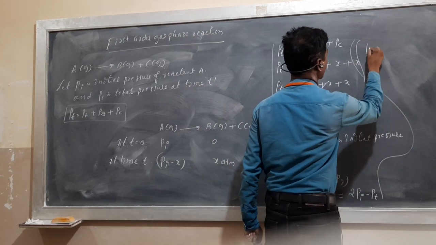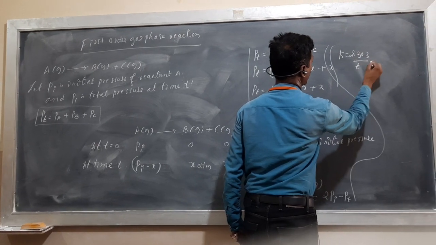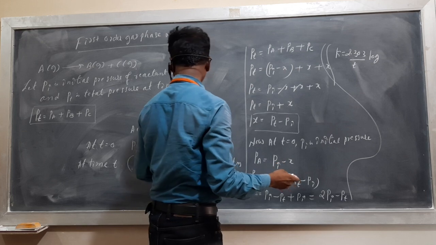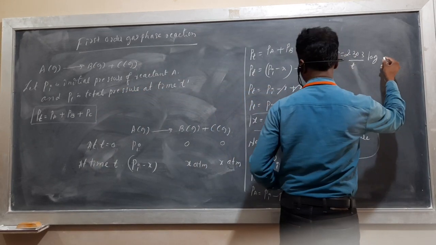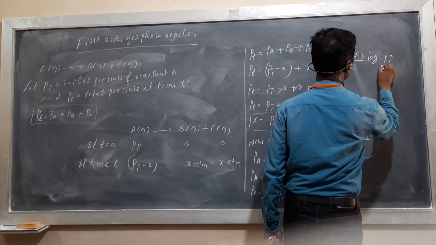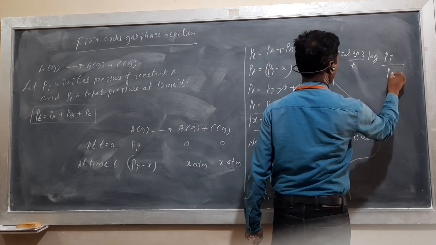Now, already we know that expression. K is equal to 2.303 divided by T log of the initial pressure Pi divided by Pa.